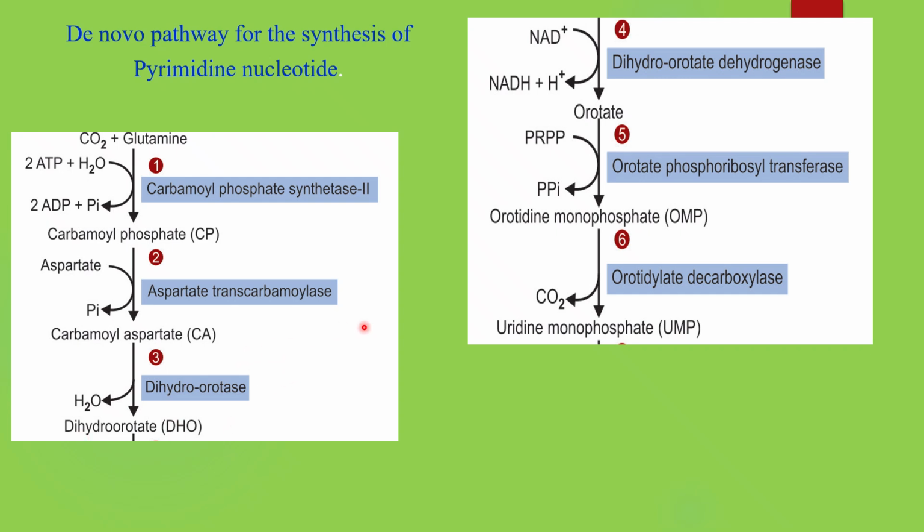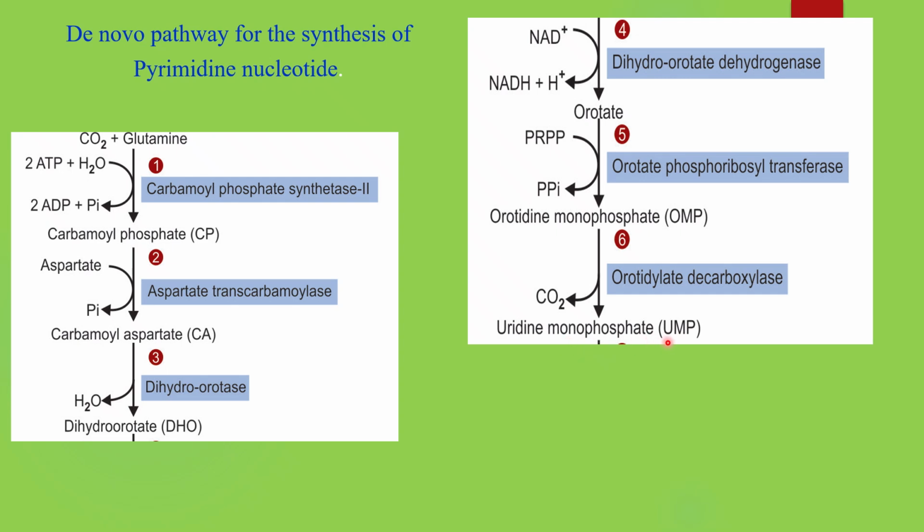Further, this dihydroorotate, in the presence of the enzyme dihydroorotate dehydrogenase, is converted into orotate. Here, one NAD is utilized and converted into NADH. Then orotate is converted into orotidine monophosphate, the first nucleotide, and PRPP donates the ribose 5-phosphate while pyrophosphate is released. From OMP, uridine monophosphate is formed with the loss of carbon dioxide.